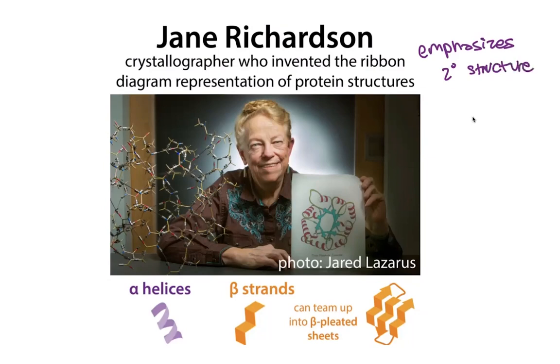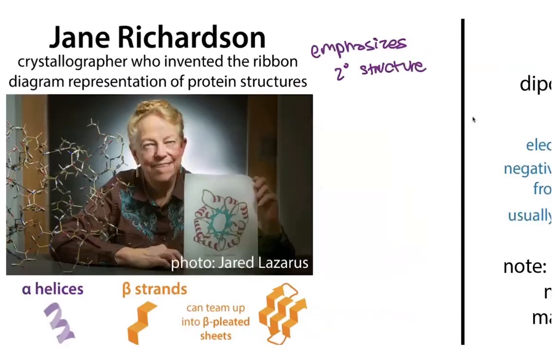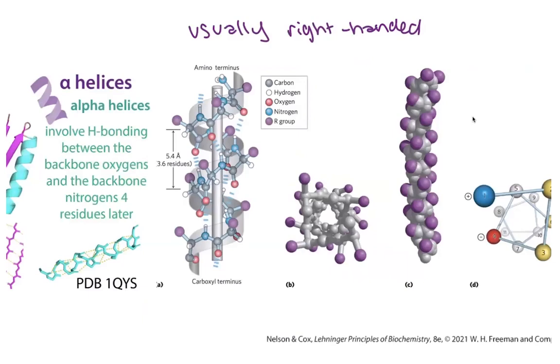We're typically not going to be showing the side chains with these, but we can see the overall structure of the protein. And if we want the nitty gritty details of the individual amino acids, then we can use a stick representation. One of the reasons we might want to use a stick representation, such as this, would be a stick, and this would be space filling.